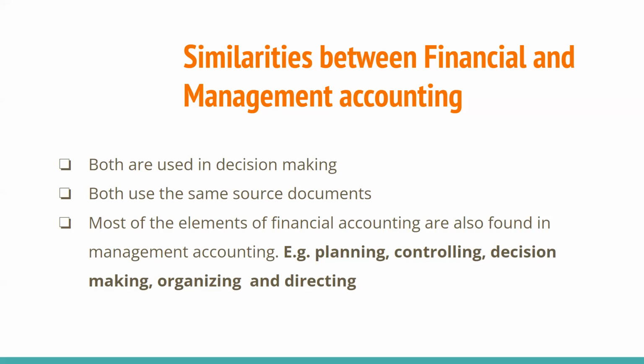So all of our day-to-day transactions, things like your stock card and inventory and your receipts and your receivables and your payables, all of these things feed into these different branches of accounting. Most of the elements in financial accounting are also found in management accounting. So elements such as planning, controlling, decision-making, organizing, and directing are all present in management accounting as well.